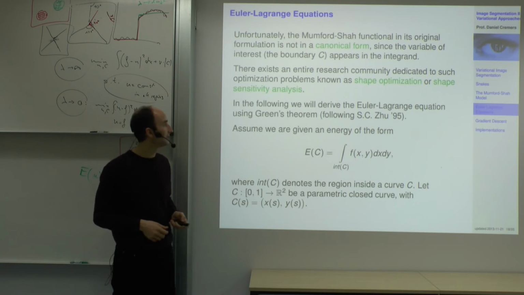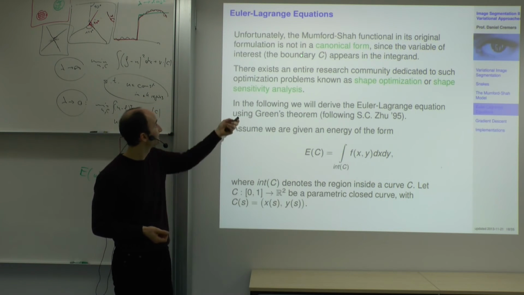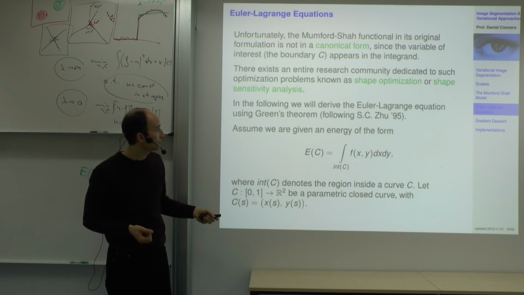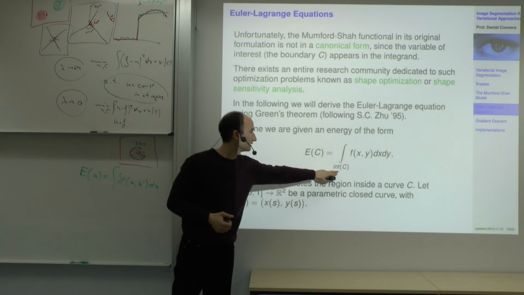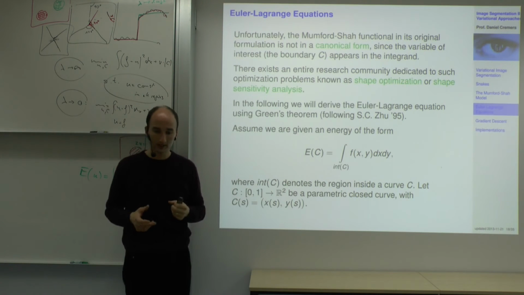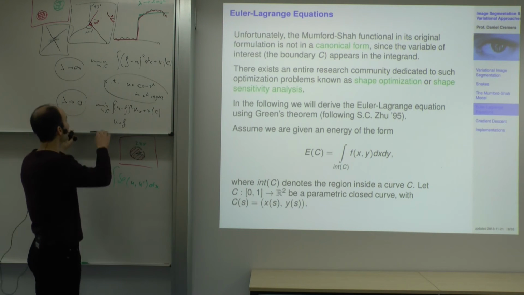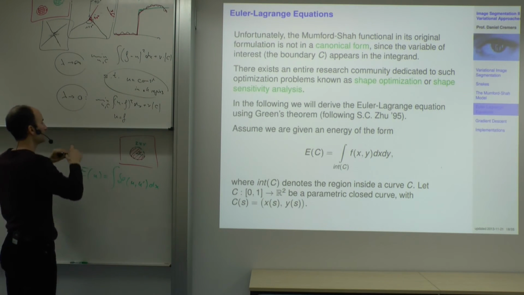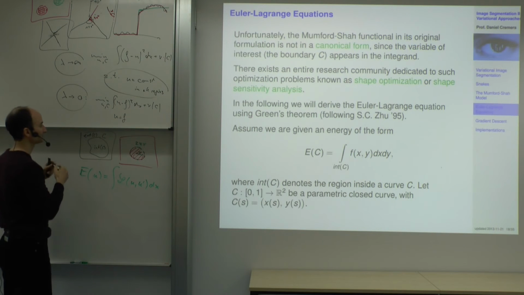More specifically, let's assume we just have a simple boundary, c, and then we have a cost where, let's say, we have two regions. We have an inside of the boundary and an outside of the boundary. So for now, let's assume we have a curve C in the image, and this we call the interior of C. That is the one region, and then this we call the exterior of C, the other region.